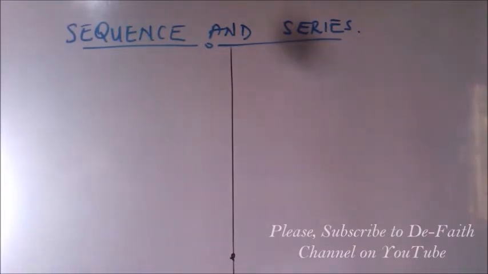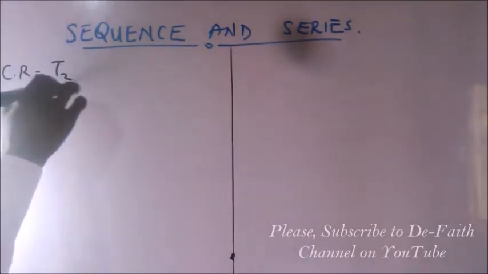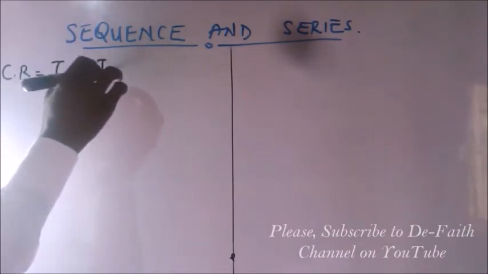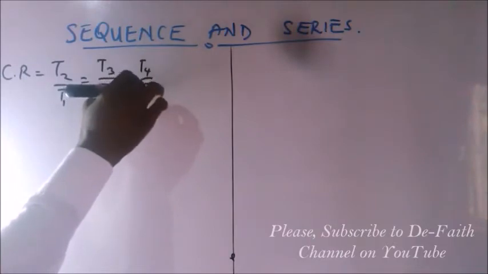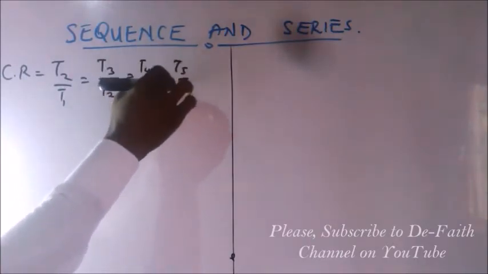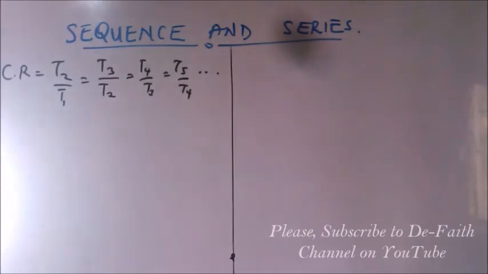Question 1 says, what is the common ratio of the GP (root 10 plus root 5), plus (root 10 plus 2 root 5), plus dash dash dash. In this question, to find the common ratio, we have that in a GP, common ratio is T2 over T1, which is also equal to third term over second term, or T4 over T3, or T5 over T4, and so on.